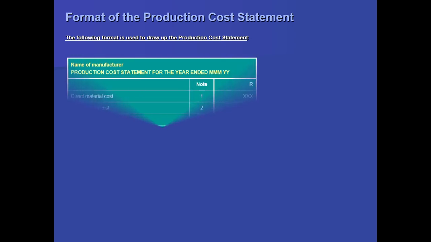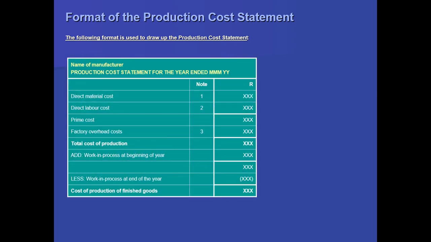This is the format of your production cost statement. It starts with direct material. So you're going to have your direct material cost. You add your direct labor. Direct material plus direct labor. Remember from the previous video, as I said, direct material plus your direct labor will be equal to prime cost.